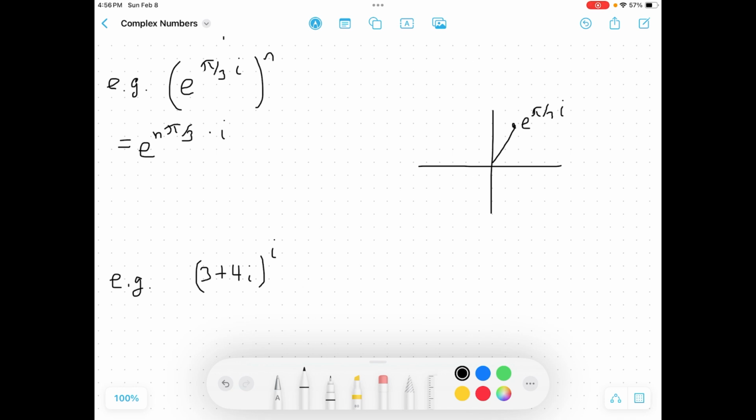So squaring, we see we'd have e to the 2 pi over 3 i. So this here is e to the pi over 3 i squared. To the third power, it'll be 3 pi over 3, which is here. I'm just going to maybe call this z.